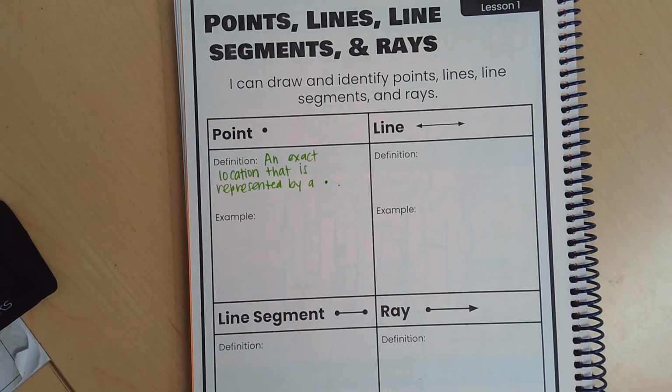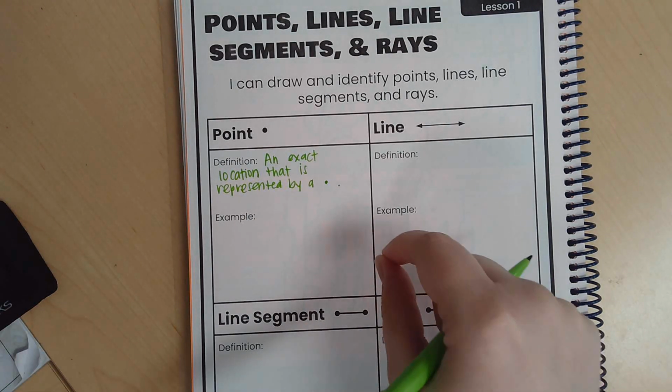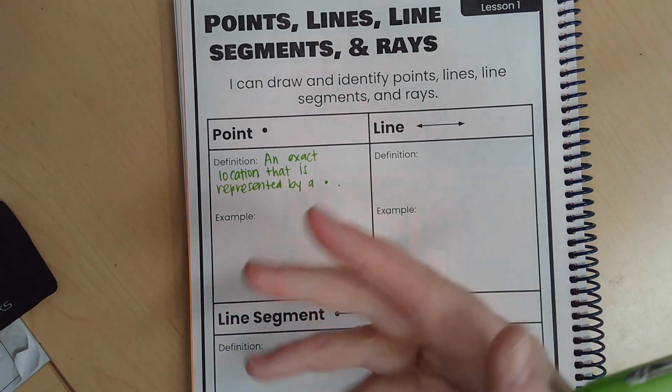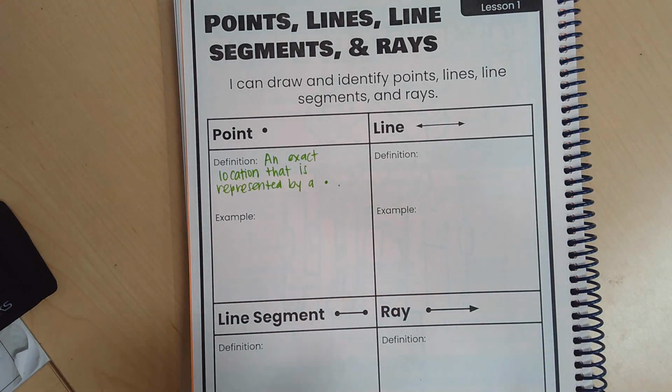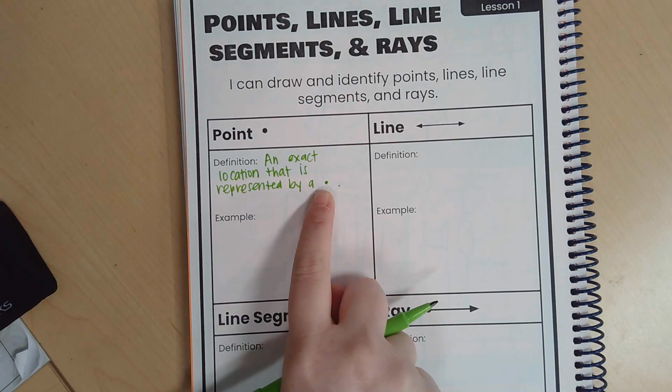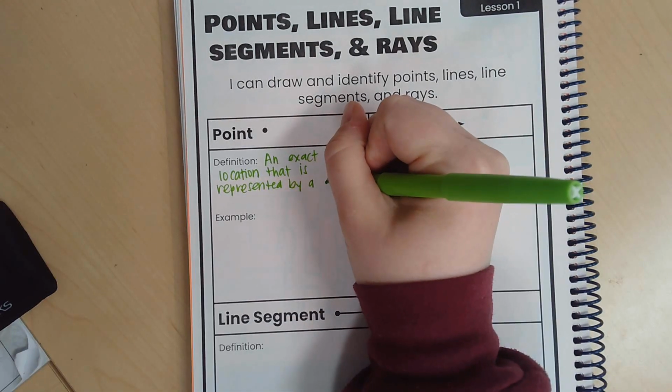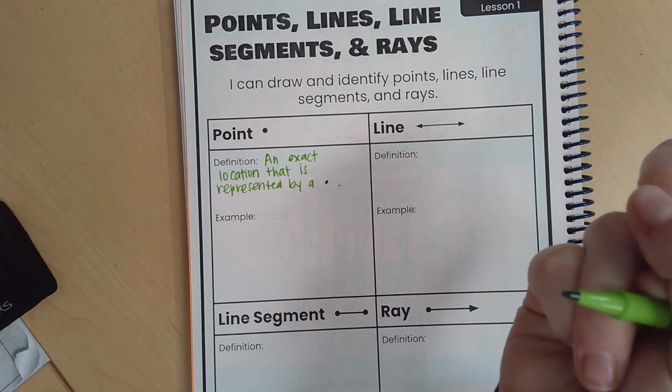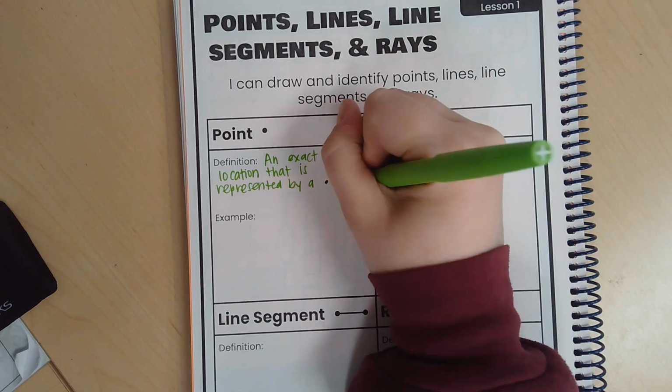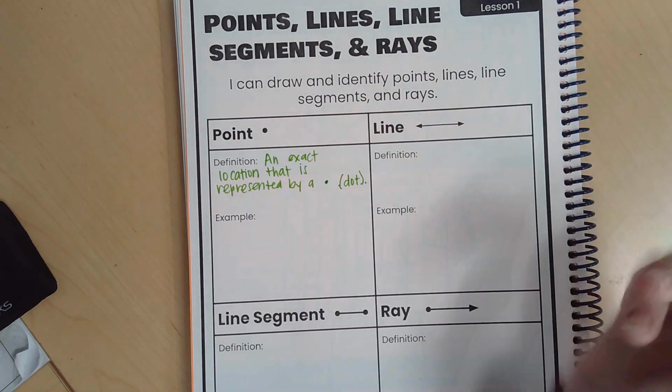You'll see us use this not just in math, you'll see it used like on a map. So they'll say, oh, where is Majestic Fields Elementary School? And so you'll see a point on the map. Sometimes it's a pin or whatever, but it's a specific spot, right? So it is represented by a little dot, okay? So if you want to put a dot right there, okay?